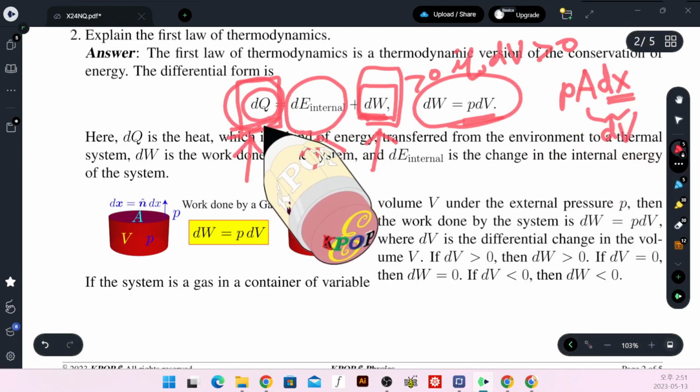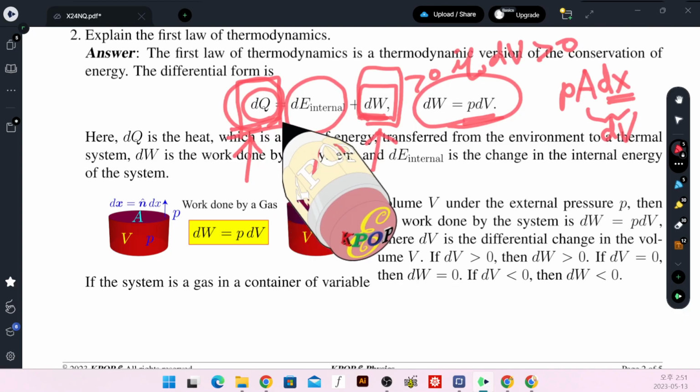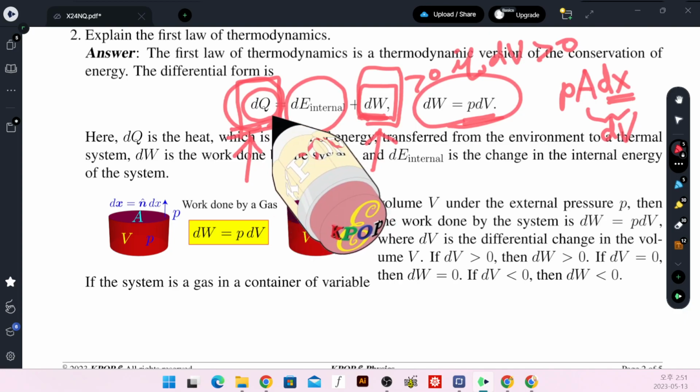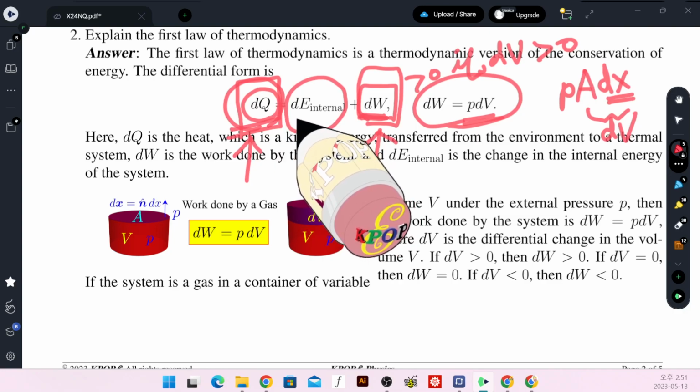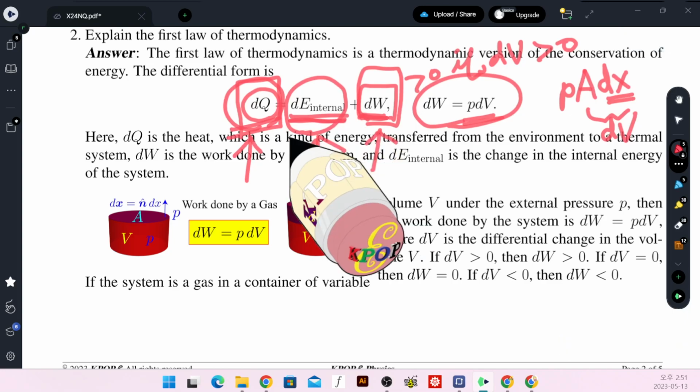dQ is positive if the system accepts heat. dQ is negative if the system loses heat. The internal energy change is closely related to the temperature.